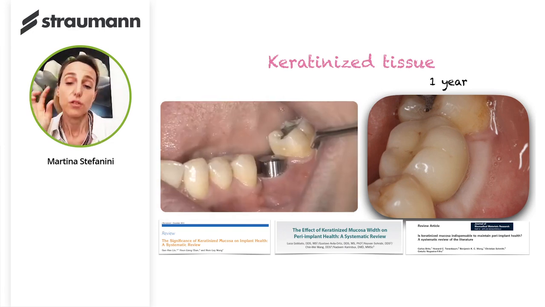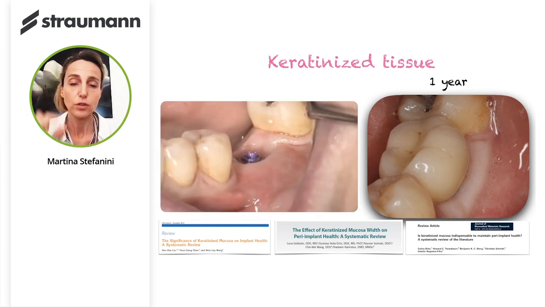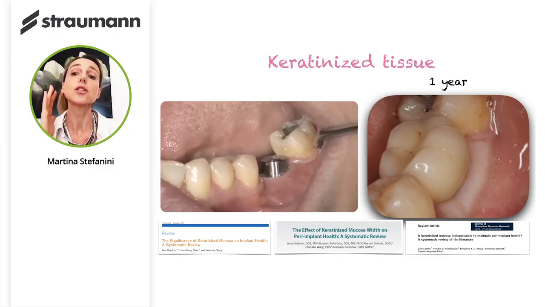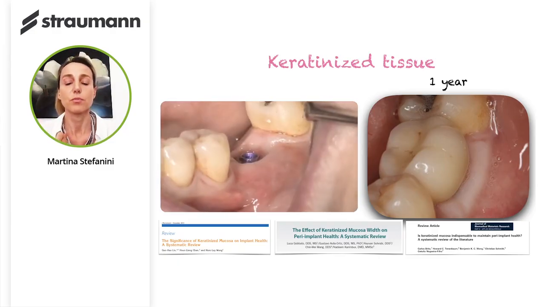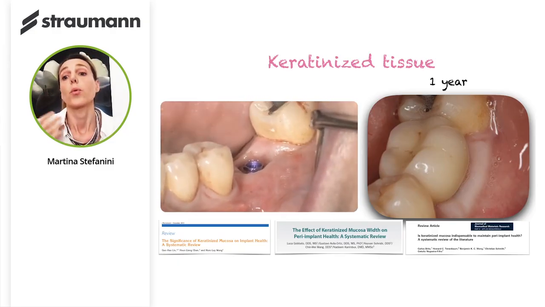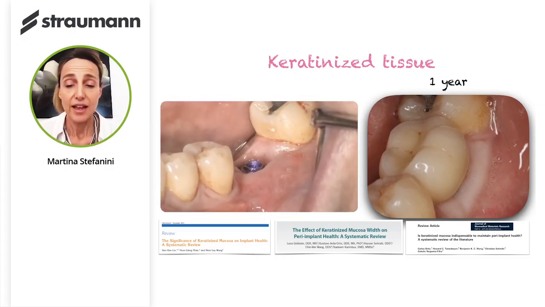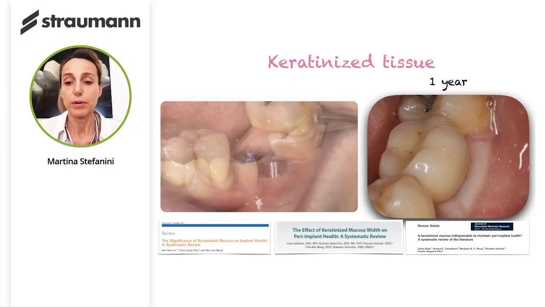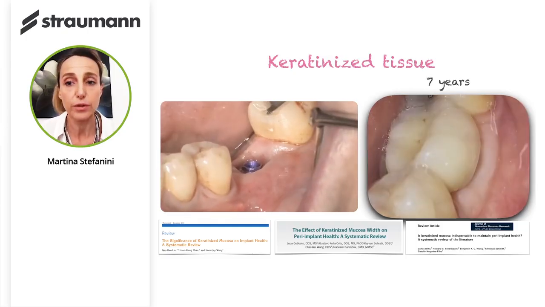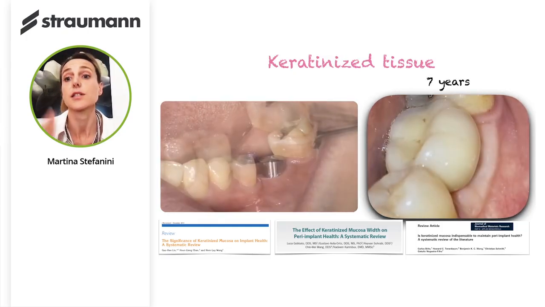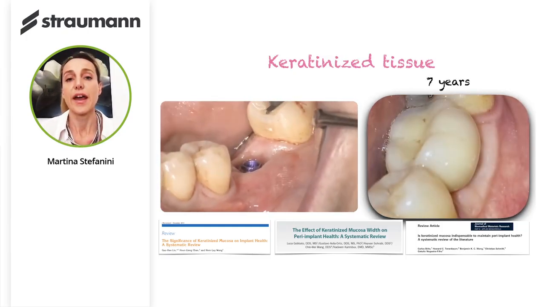Now, with this 4 mm stable band of keratinized tissue, it's really easy to perform oral hygiene procedures, and so we can presume that the patient will be able to maintain healthy peri-implant tissue for a long period, as you can see in this 7-year long-term result.